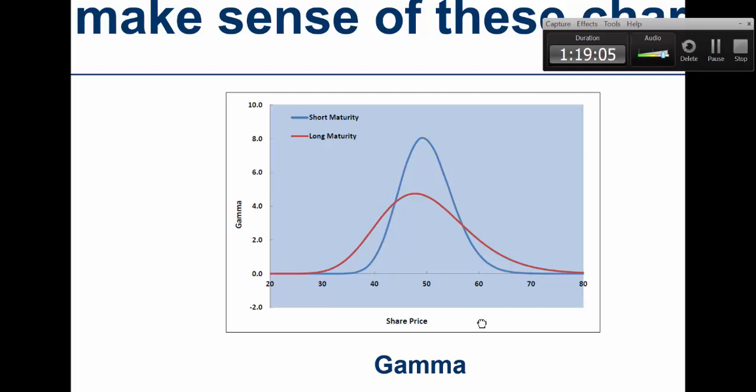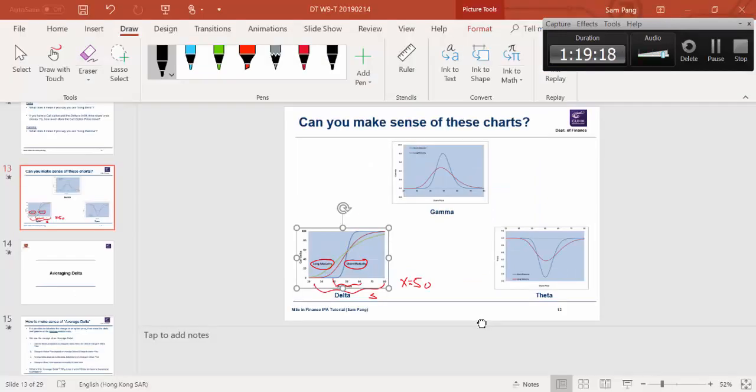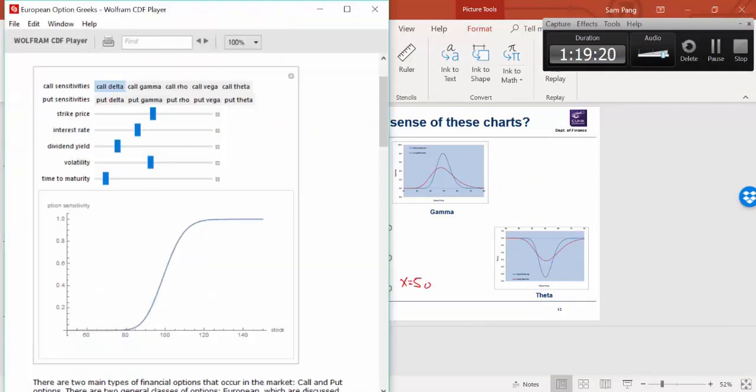For the long maturity, the maximum is also somewhere near the strike, so near the money, but for short maturity options, gamma is a lot higher. And again, just as a reminder, this is a photographic capture of when I start changing.